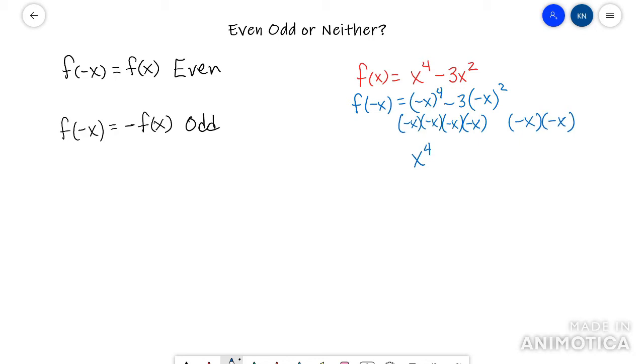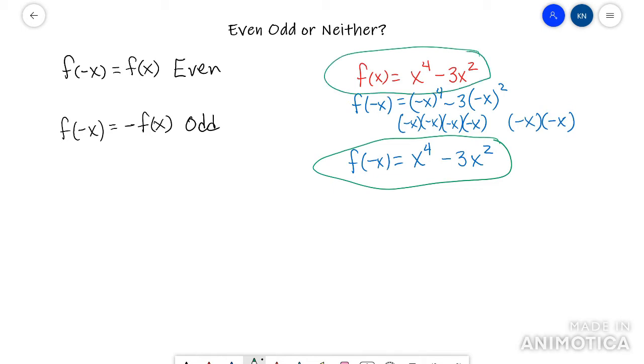And this negative x times negative x, this squared part, is just going to become x squared again. So when it's all said and done, I plugged in negative x and I got my original equation. So that means it's even.